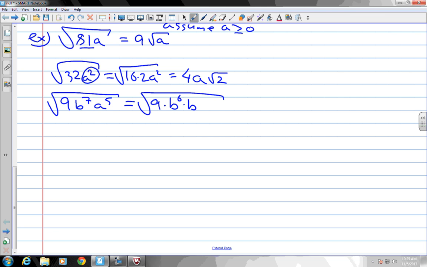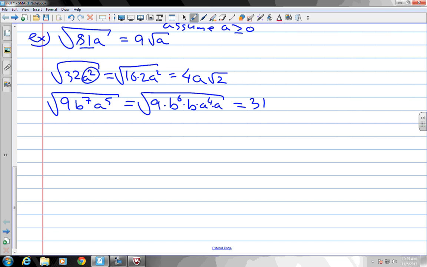How would we deal with a to the 5th power? A to the 4th times a, right? Because, again, I just need the power to be even. That makes it a perfect square. Now I can start taking square roots. Well, the square root of 9 is 3, just like a numerical case. But what is the square root of b to the 6th?